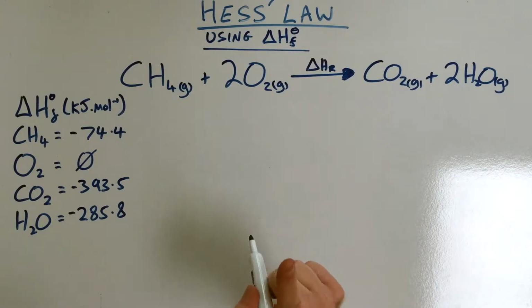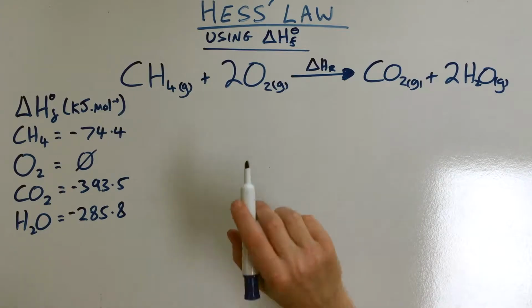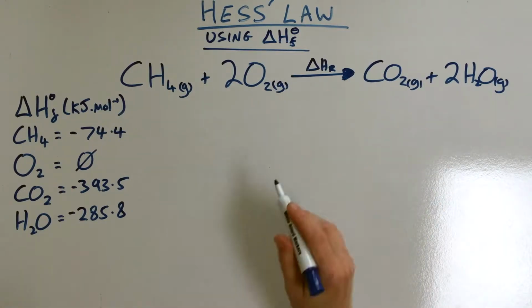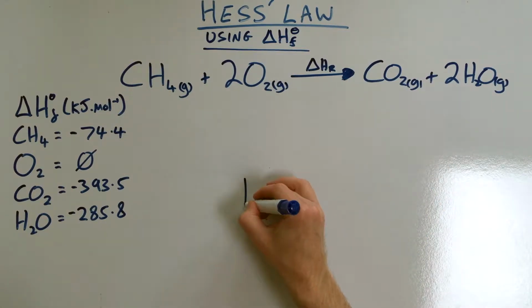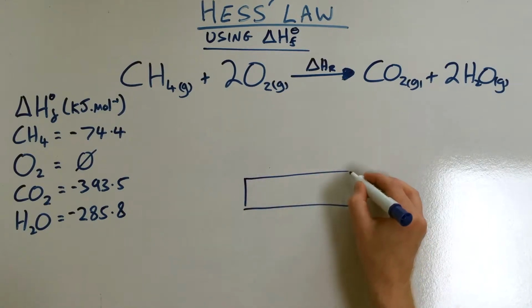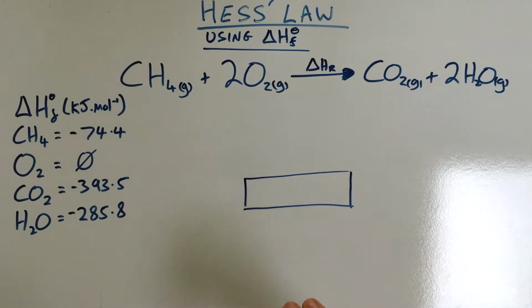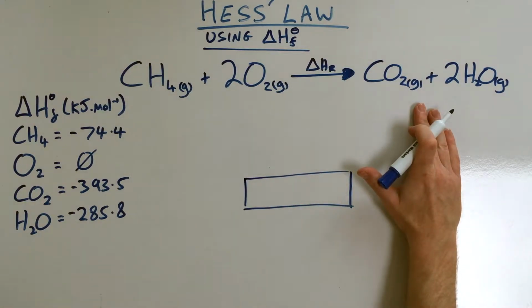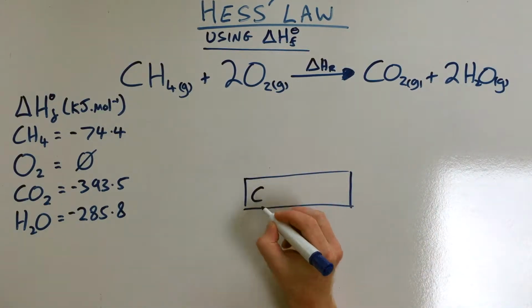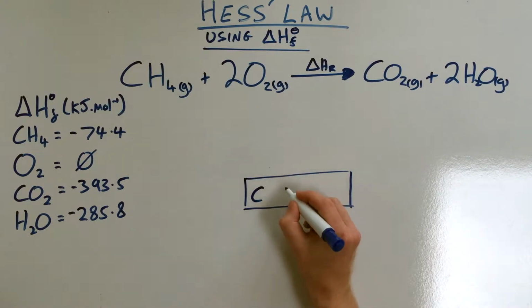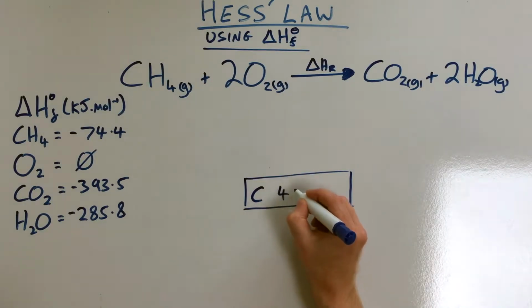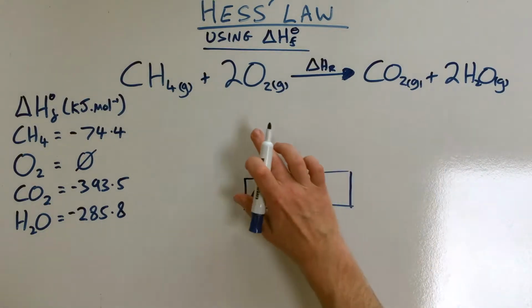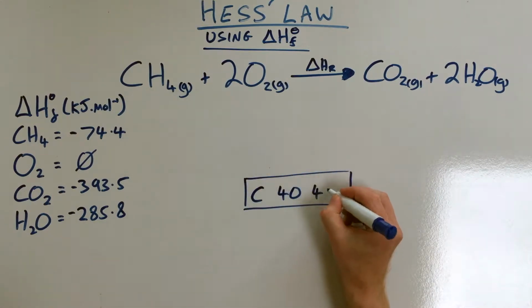So rule number 1, which is on your worksheet: when you're given delta HFs for a Hess's law energy cycle, your intermediates at the bottom down here must be the constituent elements of your reactants and products. So in this case, we have a carbon, we have 4 oxygen atoms, and we have 4 hydrogen atoms.